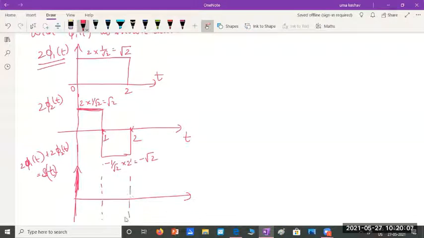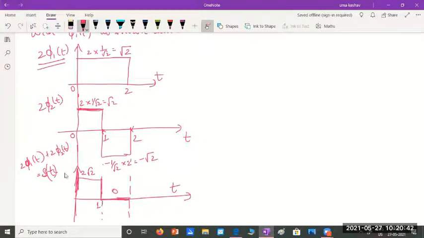It's easier to do it like this than consider the signal. So between 0 to 1, it is root 2 plus root 2. Yes or no? What will I get? The value is 2 times root 2. Root 2 added to root 2 between 0 to 1, so the value becomes 2 root 2. And between 1 to 2, it is root 2 minus root 2, so the value remains 0.